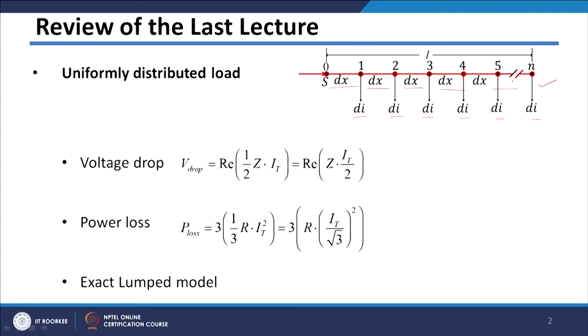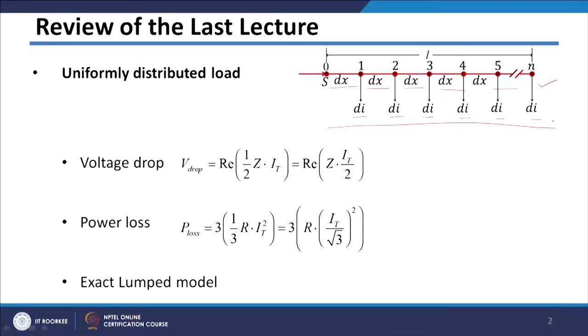For example, street lighting load, where different lighting loads are connected at different distances, because the poles will be at the same distance apart from each other. In the last lecture we tried to derive the voltage drop for this particular configuration and the power loss equation.